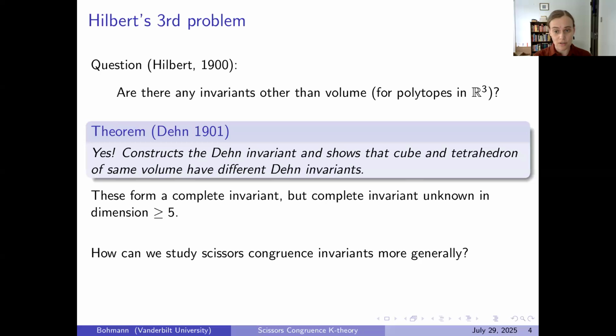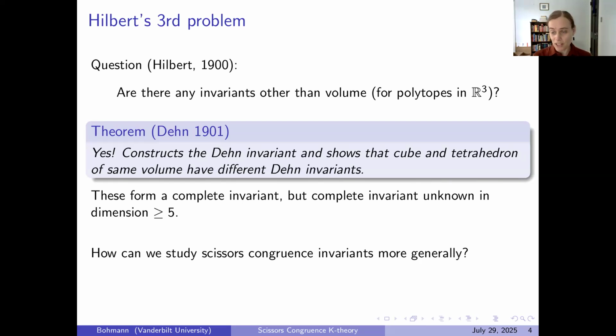It's a complete invariant there too. But if you go higher than dimension 4, we don't know a complete scissors congruence invariant. So we're not able to say, here are two polytopes in R5. We know they have the same volume. We know they have the same this and the same that and the same the other thing. And so therefore, they're scissors congruent. We don't have that technology.